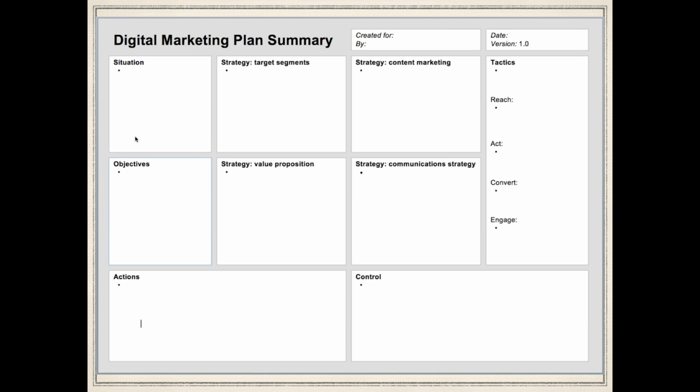And so your tactics are broken down into 4 main categories, in which the acronym for it is RACE, which is reach, act, convert, and engage. What that means is, reach is what methods are we going to use to reach our target segments? And then once we've reached our target segments, think of your act as your interaction.